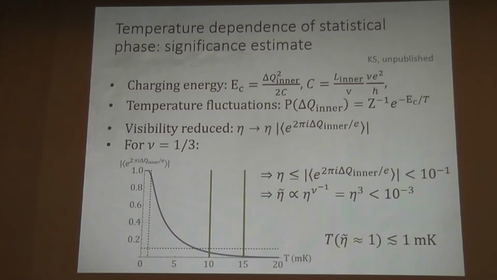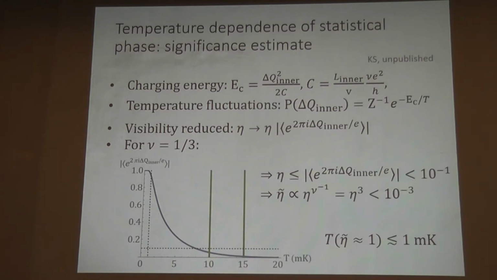So let's plug in some realistic numbers. I plug in the edge length and the velocity of the edge, which are reasonable for the experiments, and I calculate for nu equal 1/3 the average value of this exponent. And you see, at high temperatures it goes to 0, at low temperatures it goes to 1, and the experiments were performed between 10 and 15 millikelvin.